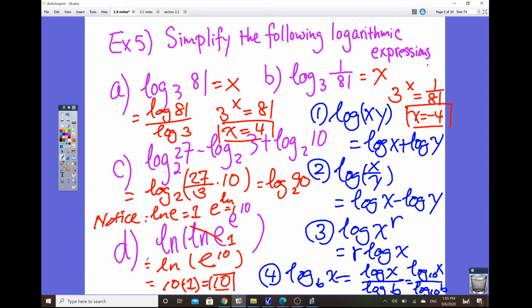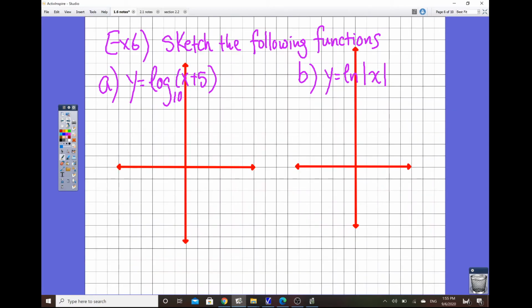Okay, now let's see what else we have for the rest of this. Sketching the following function: log base 10 of x plus 5. This is something we talked about in the packet already. Anytime you deal with log or natural log, we always put it in the transformational form: y equals a times log base b of x minus h plus k.